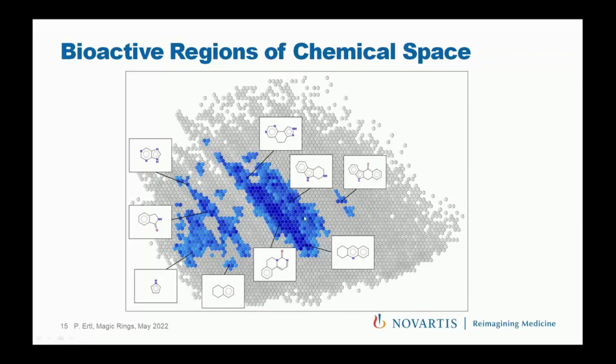There are several central clusters. On the right, the cluster with systems with 4 simple rings, the biggest one in the middle, the largest one, are systems with 3 simple rings. Here, systems with 2 simple rings. And on the left, these are the most simple bioactive systems with just 1 simple ring. These are just some examples.